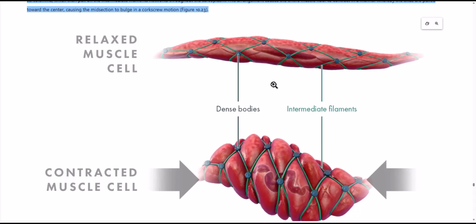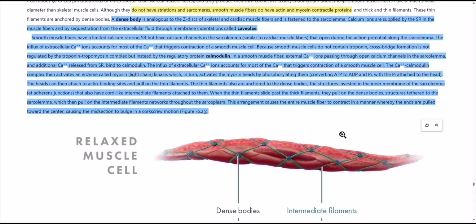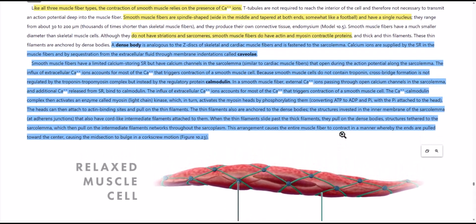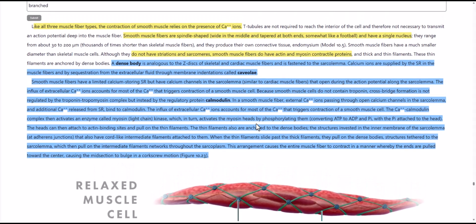We still see that there is a shortening, a changing of the shape, but there are other things that cause that to happen. We're not going into dense bodies. We're not going into the intermediate filaments, but these are structures that help with the contraction of the smooth muscle cells. All this blue stuff we're not worrying about.